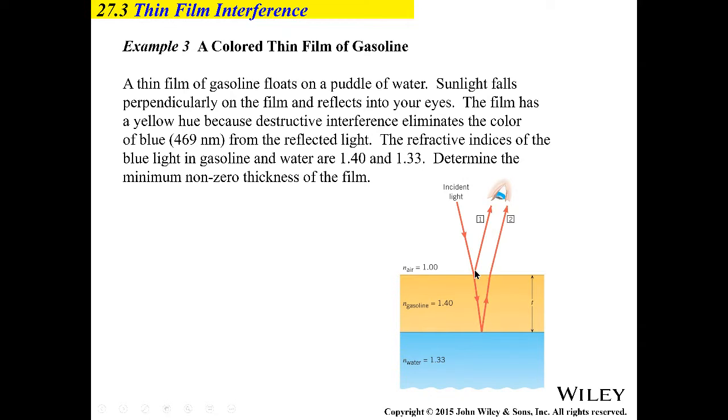There was a 180-degree phase change according to the rule. Then over here, there is no 180-degree phase change, but there is an extra path length. And when it comes out, there is no phase change. It just came out. It's not reflected.